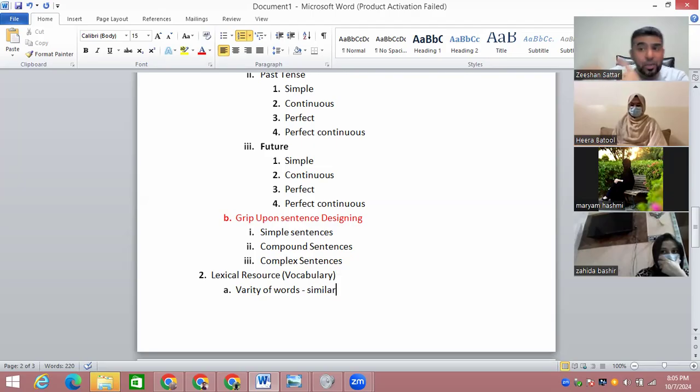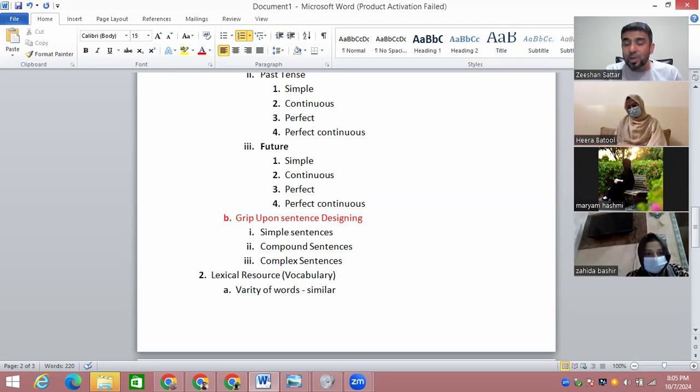If we talk about antonyms, decrease is the word that we have used since childhood for something that is going down. Examiner sees whether we were able to write decrease, decline, deterioration, depreciation, downward. So these are all words that can be used in one similar condition.